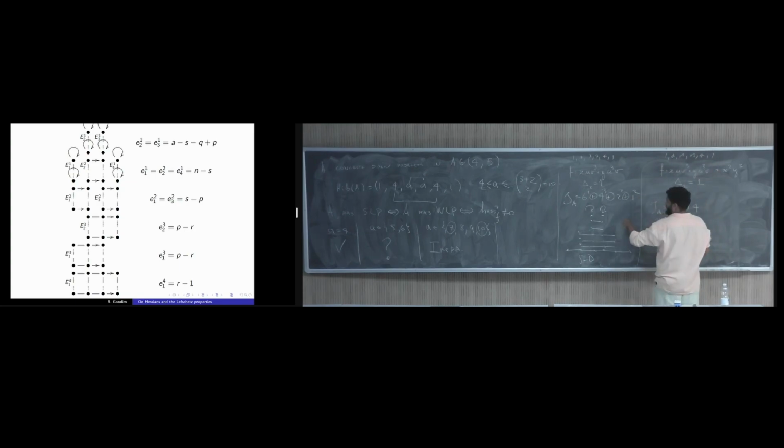So we have 3 more here. 3 is the same here, but here we have 3 more. 2, 5 plus 1, 2. Again, delta 2 is 1.